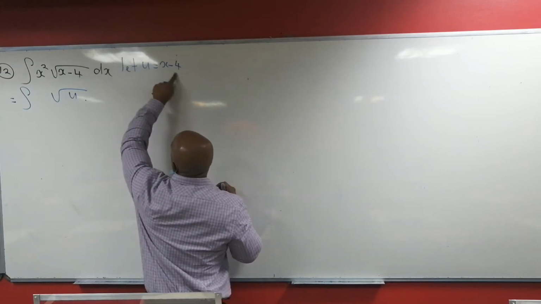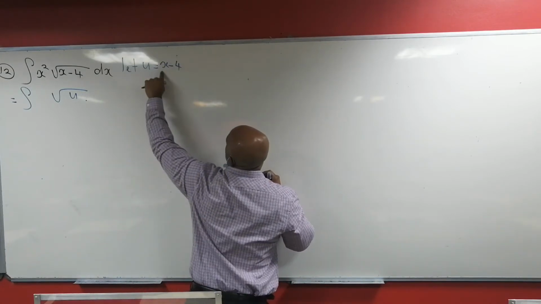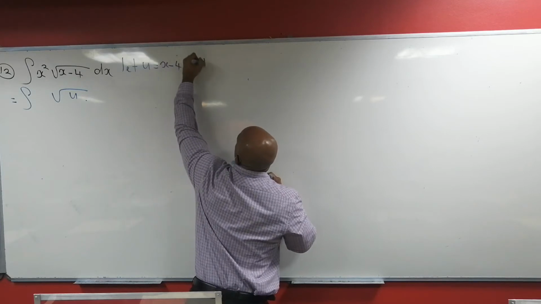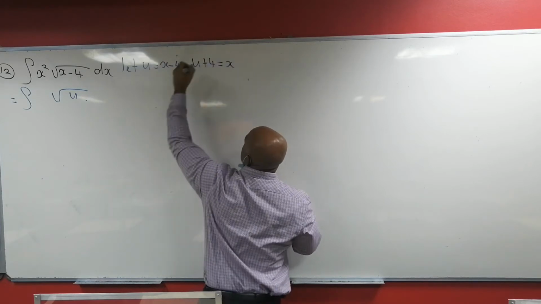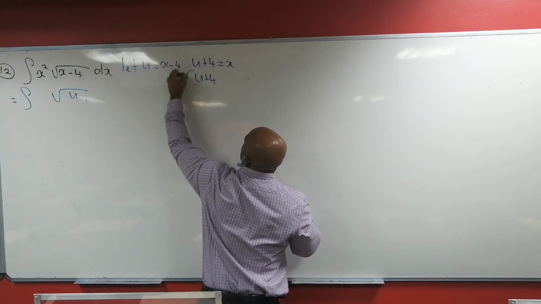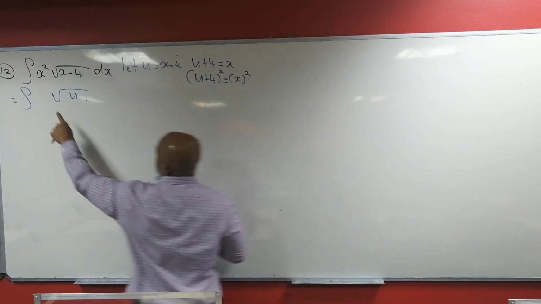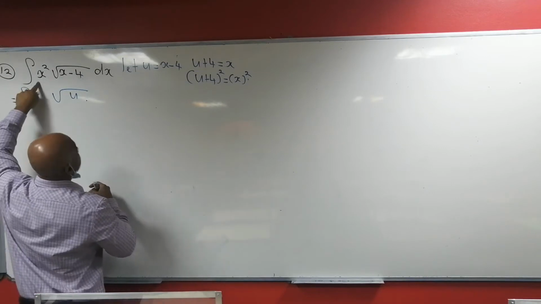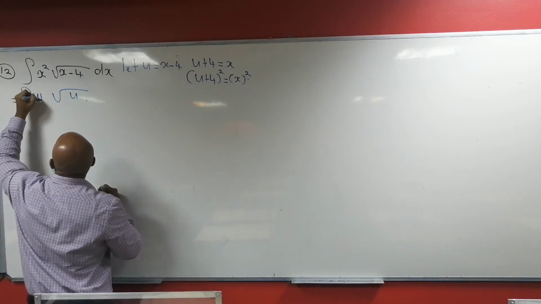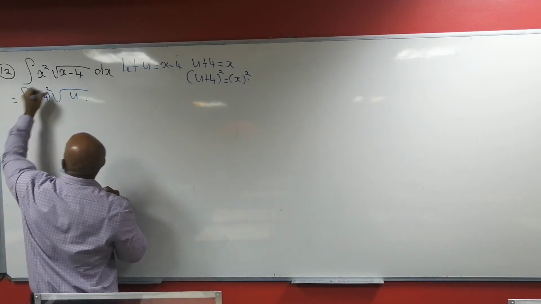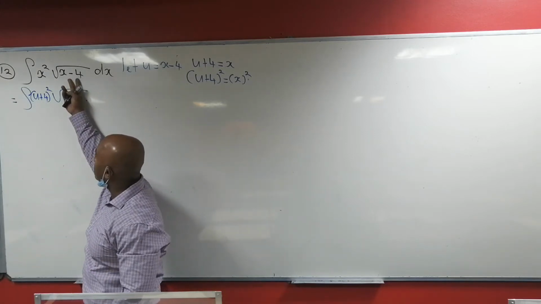If u is equal to x minus 4, then we know that if I need to make x the subject, u plus 4 is equal to x. So u plus 4, if I square both sides, I got my x squared. Can you see that? So therefore x squared is u plus 4 all squared. So I got x minus 4 in terms of u.